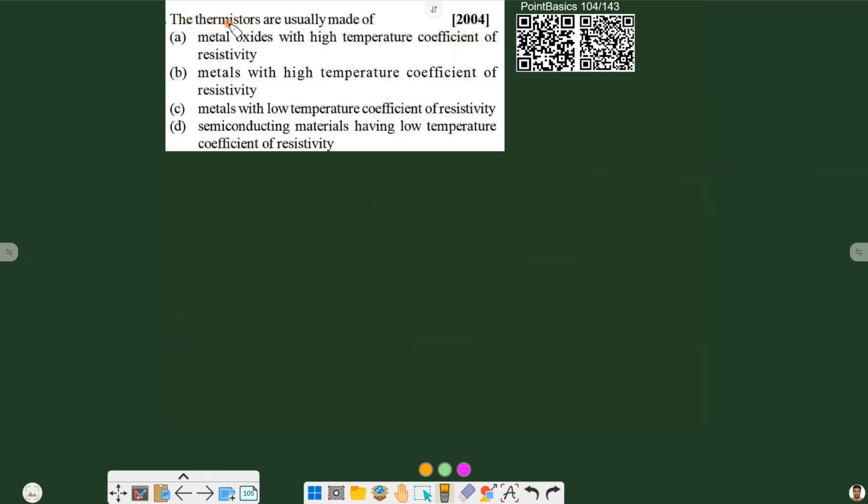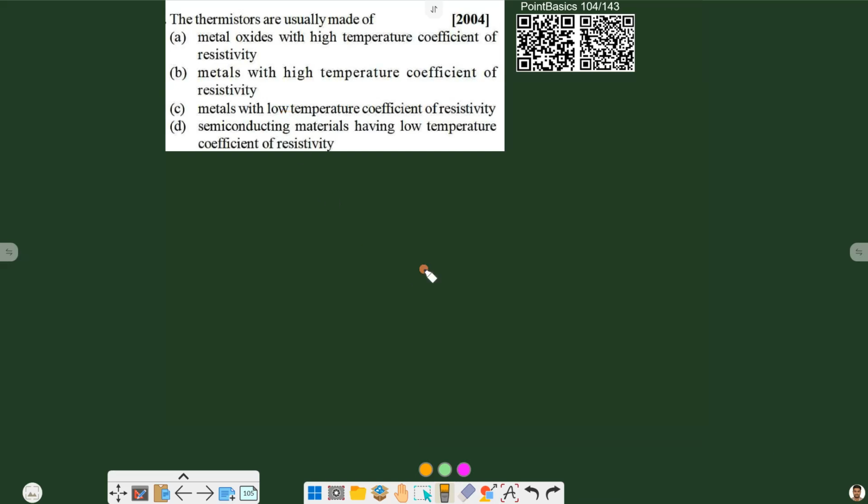The thermistors are usually made of metal oxide with high temperature coefficient and resistivity, metals with high temperature coefficient, semiconductor material, metals with low coefficient of resistivity.